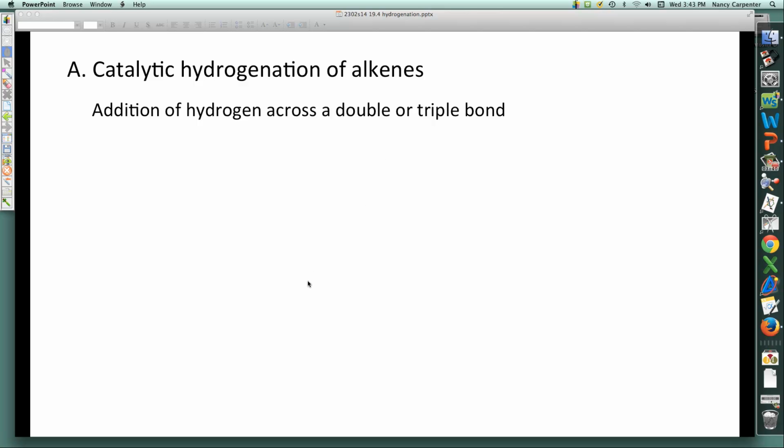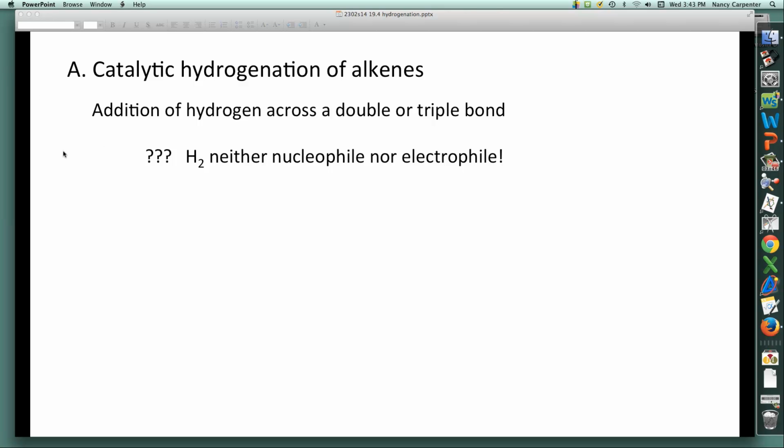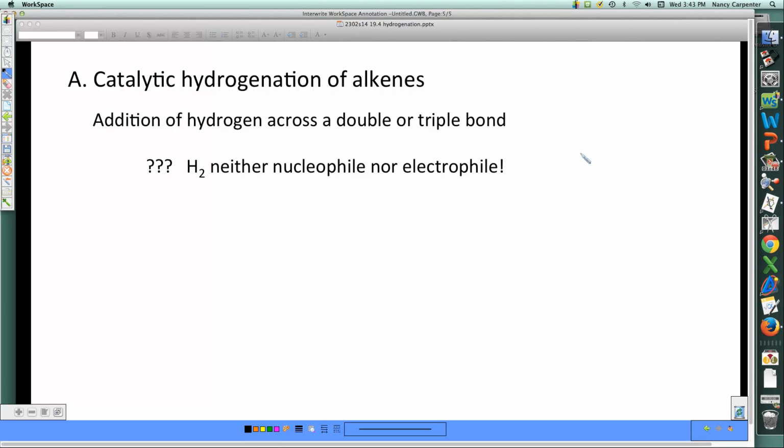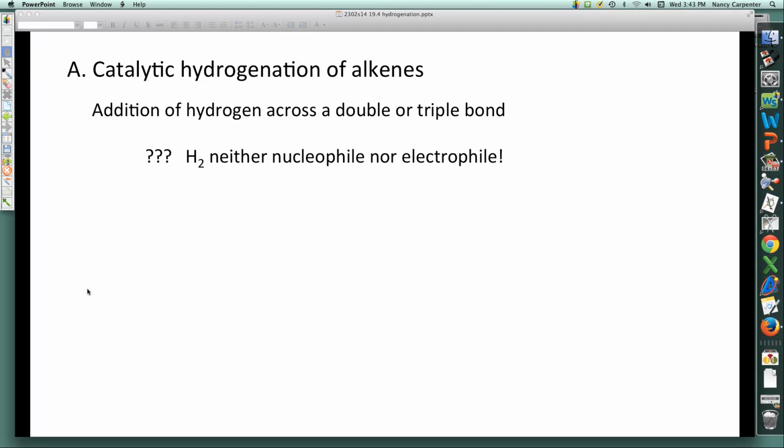But the problem is that triple bonds and double bonds are weak pi nucleophiles, and Lord knows that hydrogen gas is not an electrophile. It's not a nucleophile either. So the problem is nothing will happen unless you add a transition metal catalyst.